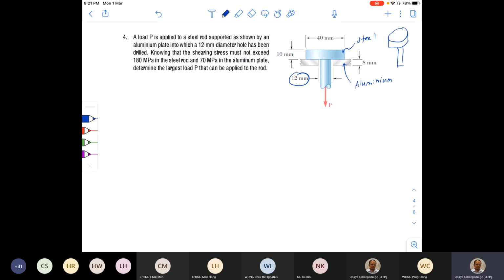Knowing that the shearing stress must not exceed 180 megapascal in the steel rod and 70 megapascal in the aluminium plate. That means the maximum shear stress for steel should be less than or equal to 180 megapascal, or you can write tau S max equals 180 megapascal.